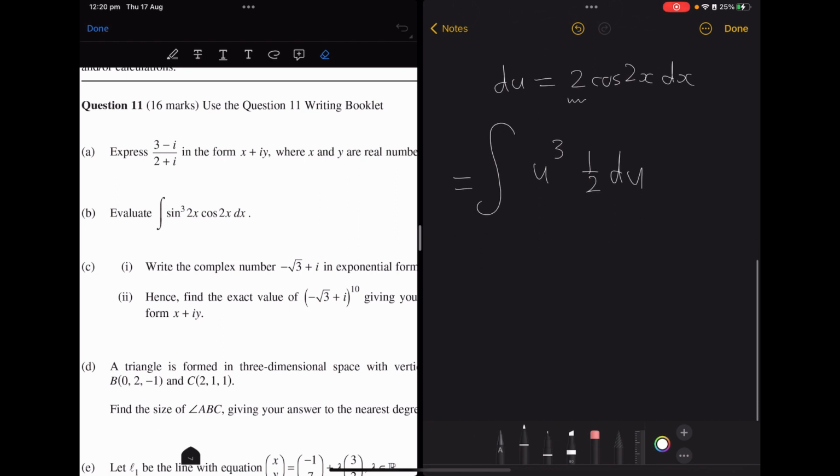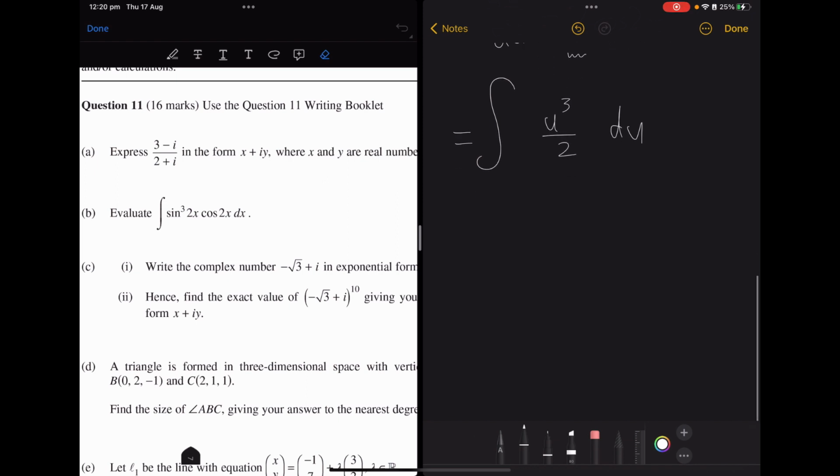Let me rewrite that so it's easier to see. So u cubed times half is just u cubed over 2. That's a pretty easy integral. Remember your rules: you add 1 to the power and divide by the new power. So u to the 4 over 2 times 4, which is 8, plus c.